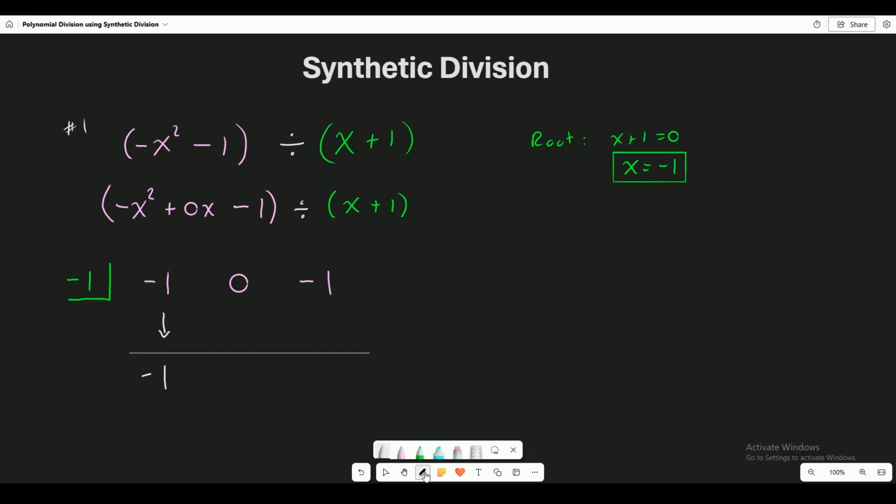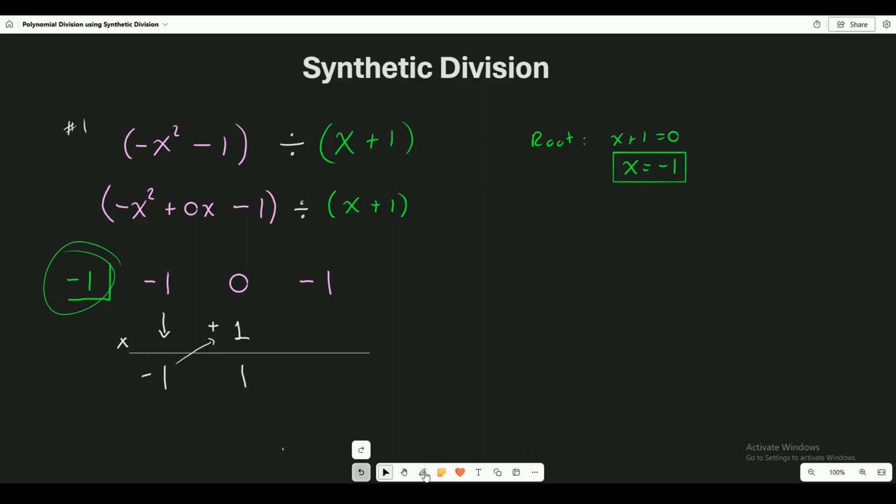Just like that. Next, we're going to multiply. Negative 1, the green negative 1, times the white negative 1 gives me a positive 1. Right? So you multiply and then you bring it right there. Then we add them. 0 plus 1 is 1. Then we multiply again. Negative 1, remember the green one right here?